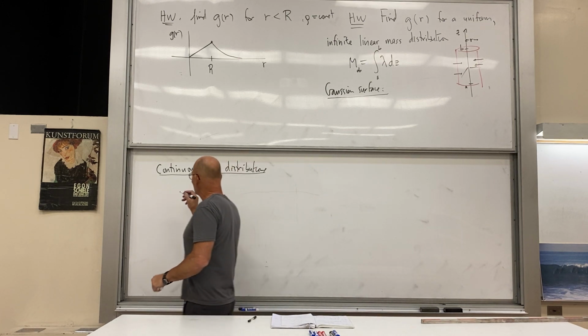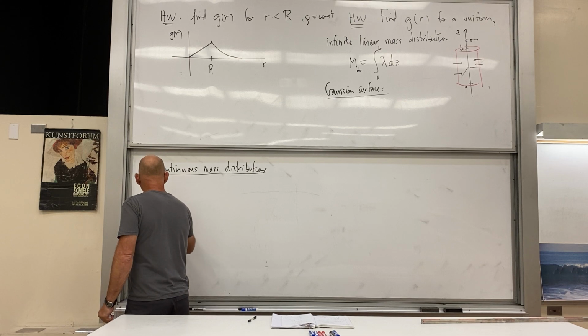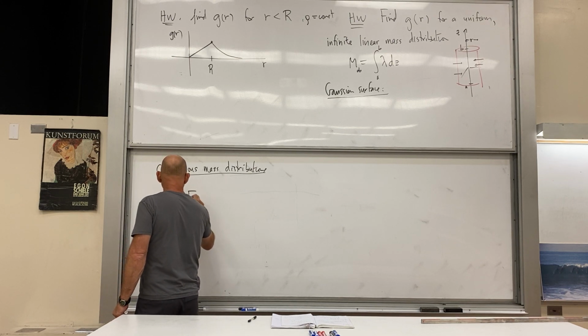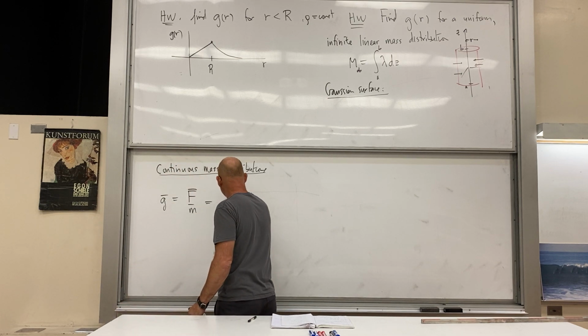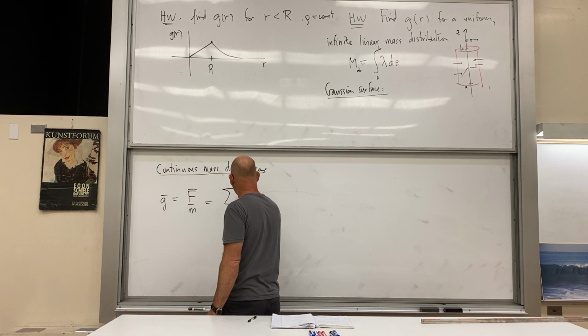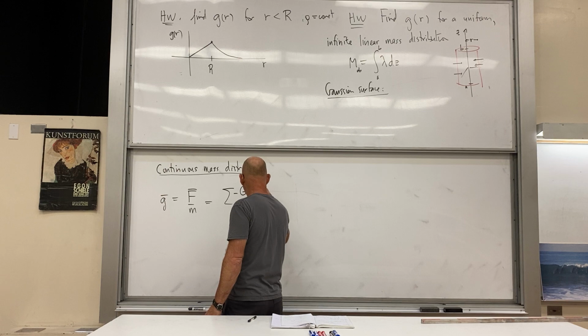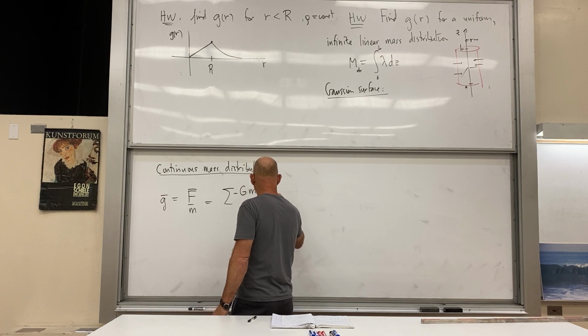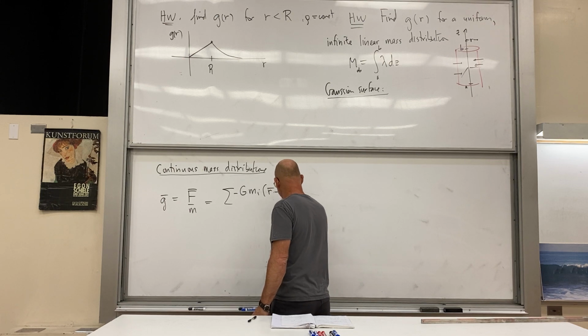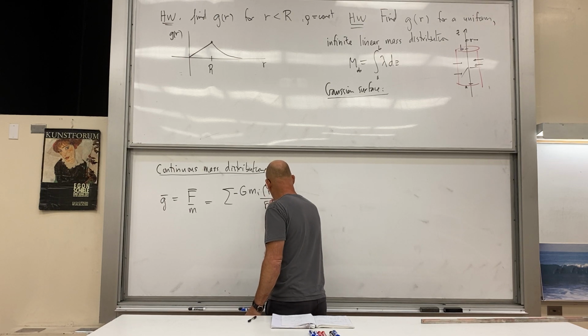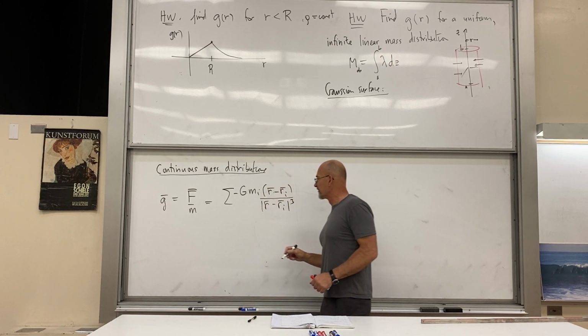So what we had was this: g was F over m. We'll go back to that sum. We had minus G, the sum of m sub i times (r minus r sub i) divided by the magnitude of r minus r sub i, cubed.